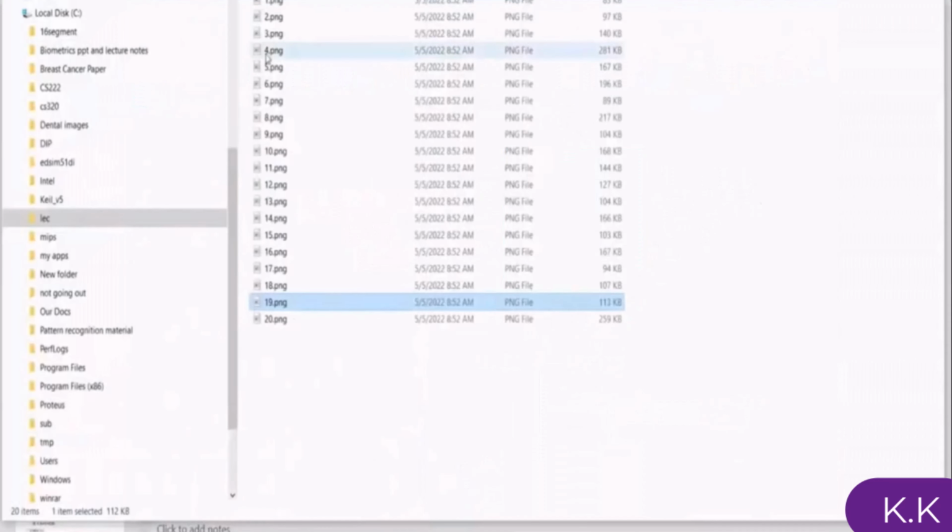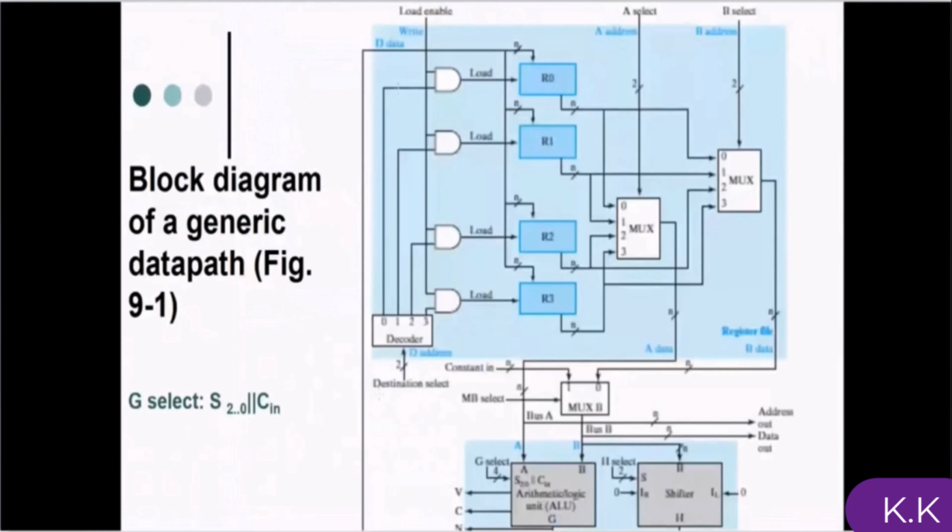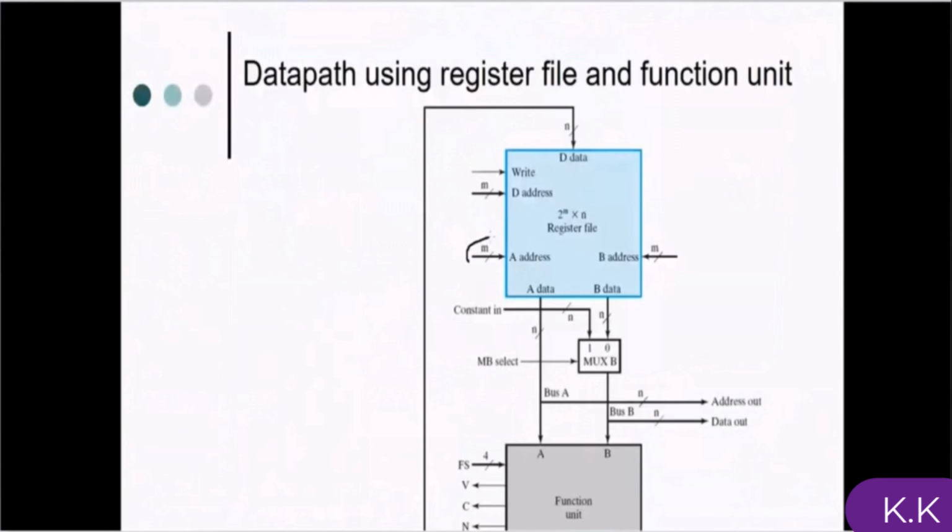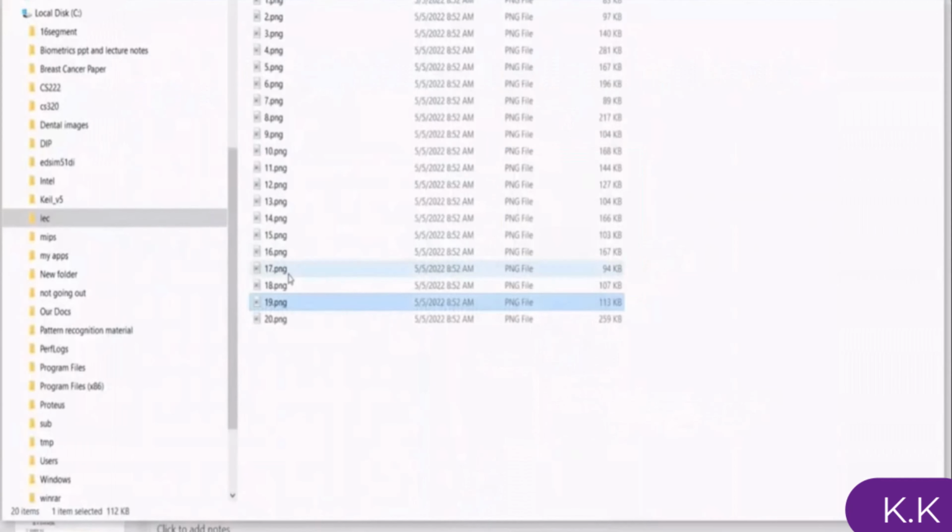And the data that I'm going to write is another n bits. This is the data that I'm going to write, and this is the destination address. So in the diagram that I showed you in the beginning here, this is the destination selector and these are the selectors of the input A and input B here. This is the selector of the A and B input. And this is the selector of the destination. This is the common data that is coming to all of the registers.